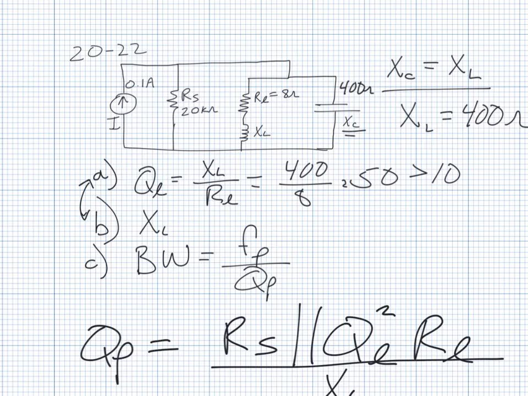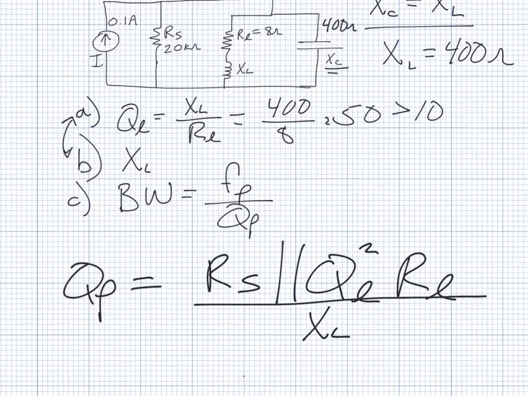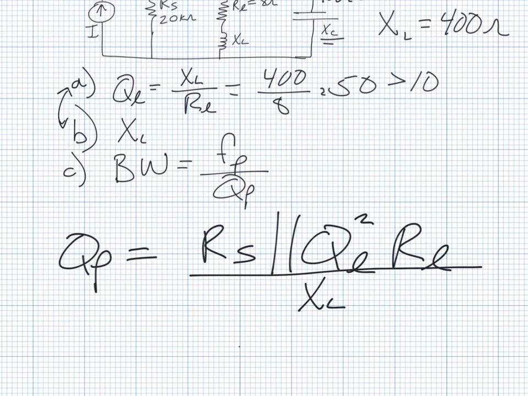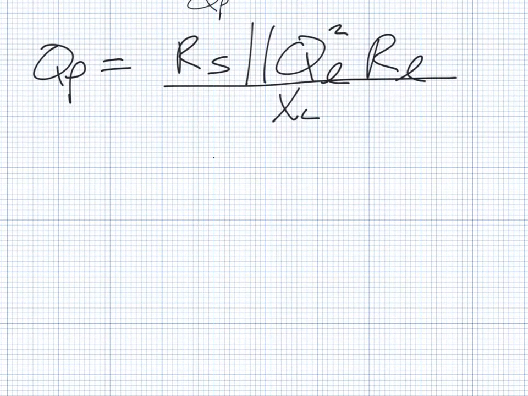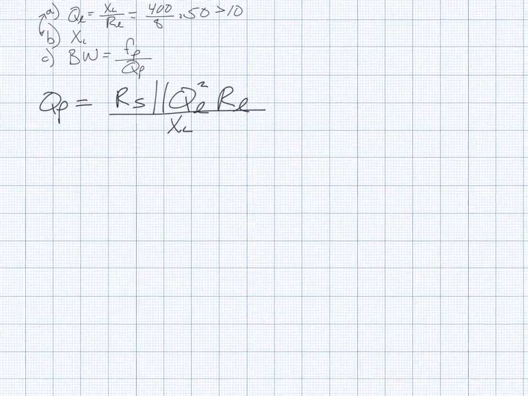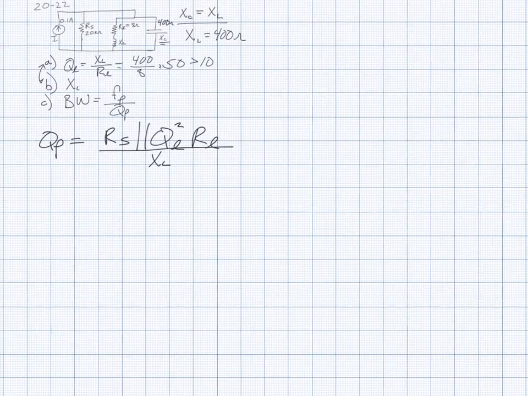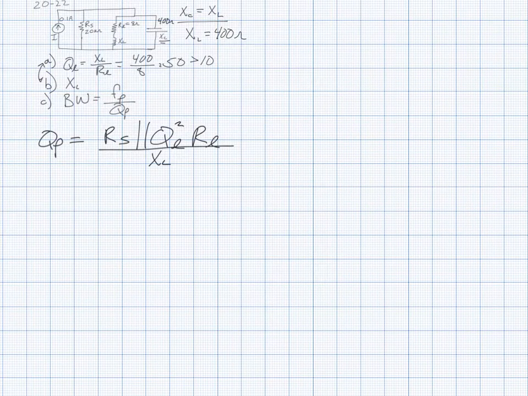Okay, so what we've done is we went back, we created a simplified version of this. In fact, it was strictly an entire parallel circuit. And in having done that, we generated all these simplified equations, and this equation that I just wrote down is one of them. Okay, all right. So let's continue on. So we know everything that we need to know to solve for the quality factor.